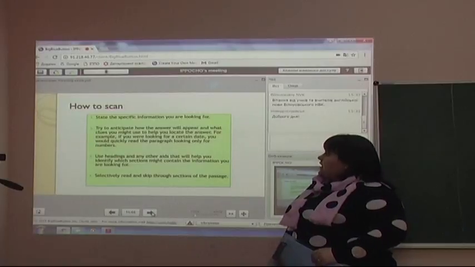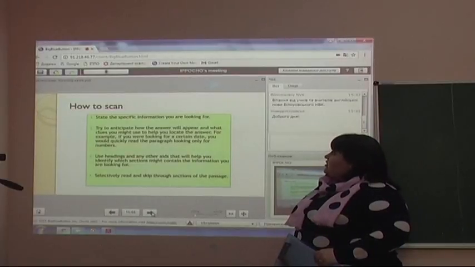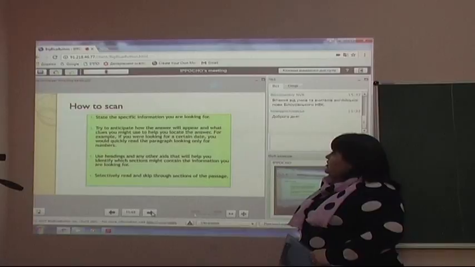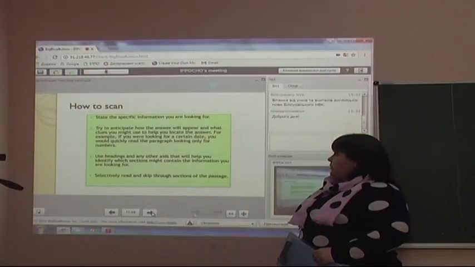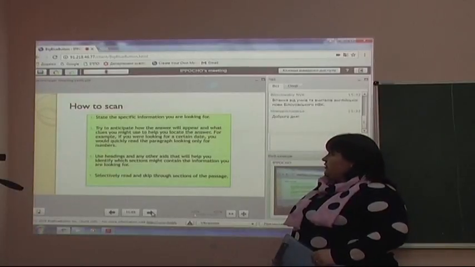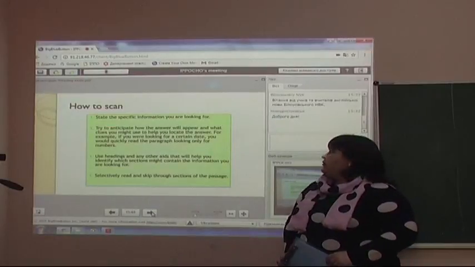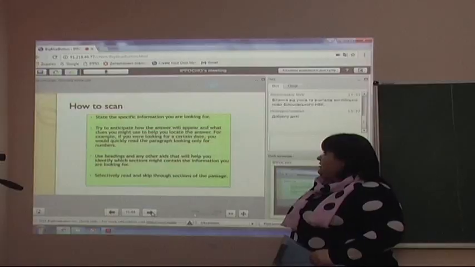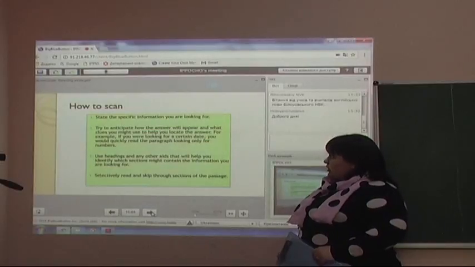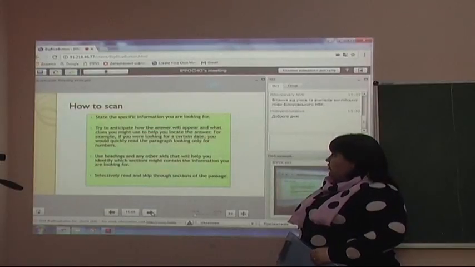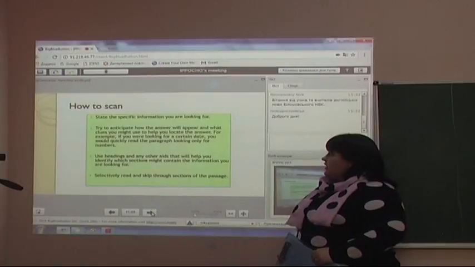We can state the specific information you are looking for. Try to anticipate how the answer will appear and what clues you might use to help you locate the answer. For example, if you were looking for a certain date, you would quickly read the paragraph looking only for numbers.